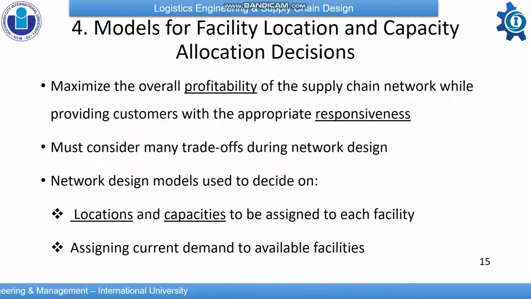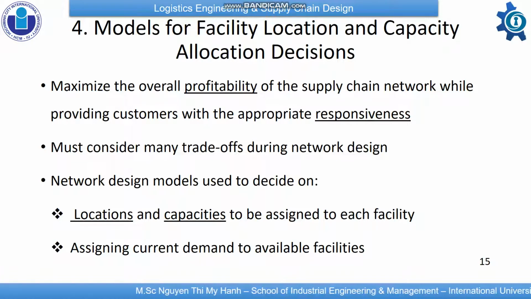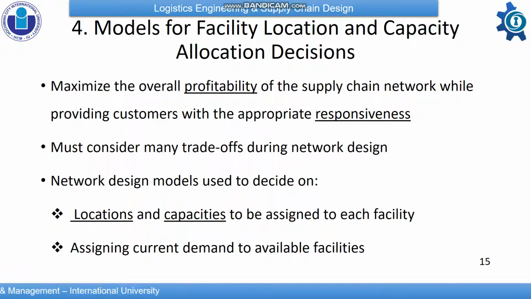When we make the model for facility location and capacity allocation decisions, our objective is to maximize the overall profitability of the supply chain network while we provide the customer with appropriate responsiveness. So we want to maximize our profit while we can satisfy all the requirements of the customer.